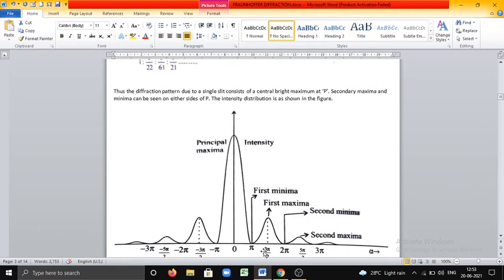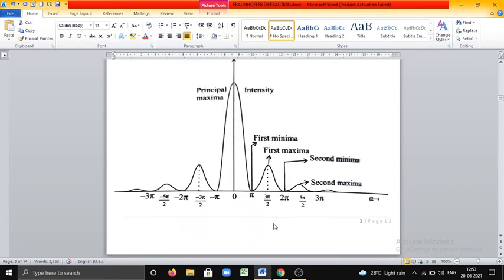See here, on either side of central maxima, this is first minima, this is first maxima for secondary maxima, and again second minima, this is second secondary maxima. Like this, on either side of the central maxima, different bands are produced. This is the intensity distribution curve in case of Fraunhofer diffraction.